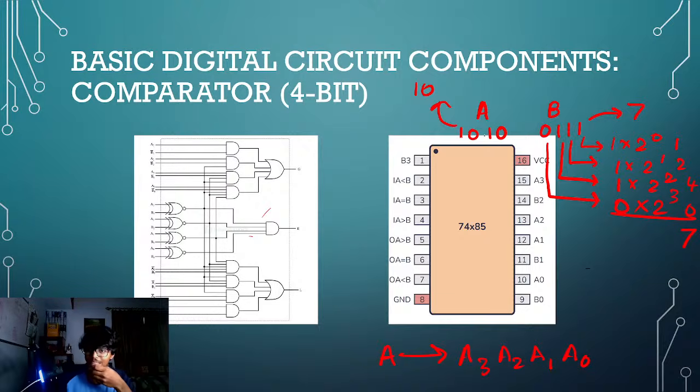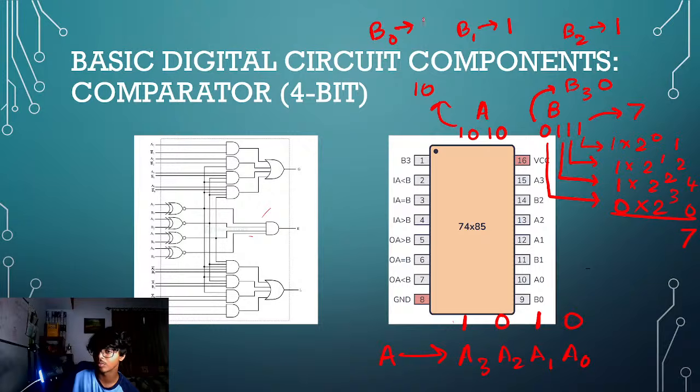So in this case, my A3 becomes 1, my A2 becomes 0, my A1 becomes 1, and my A0 becomes 0. Similarly for B, my B3 becomes 0, my B2 becomes 1, my B1 becomes 1, and my B0 becomes 1.